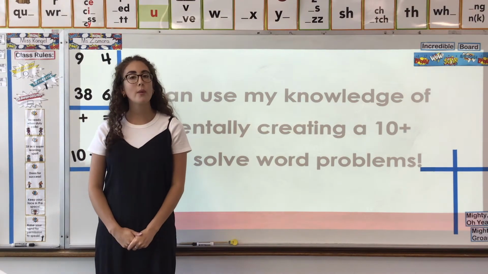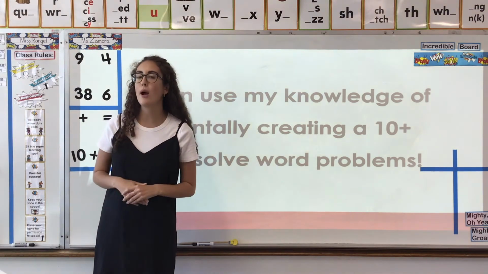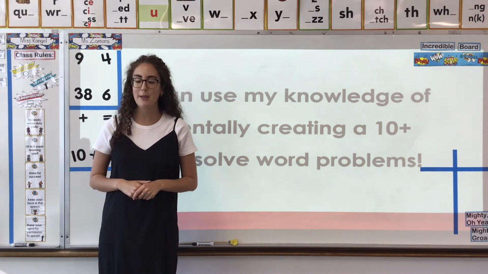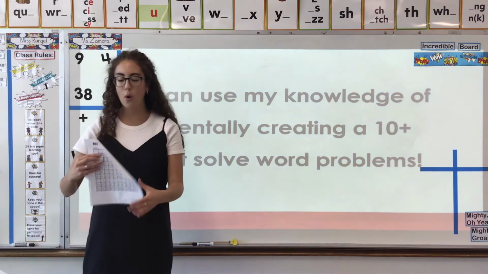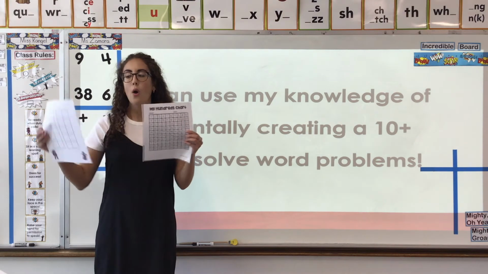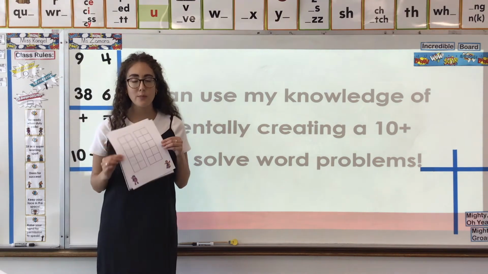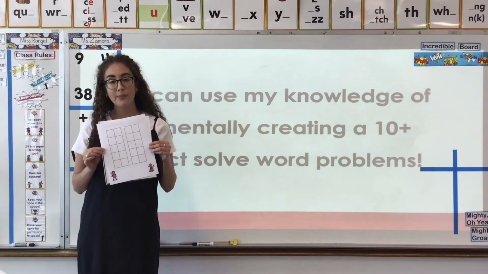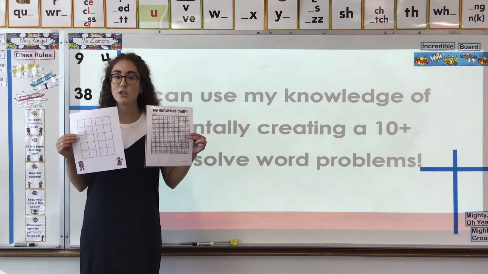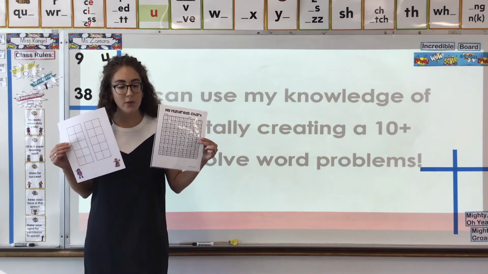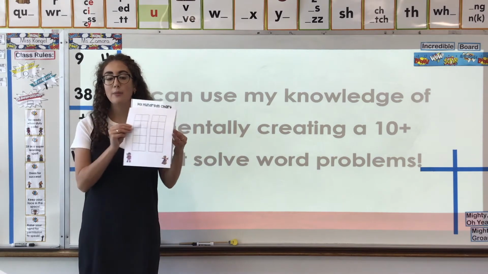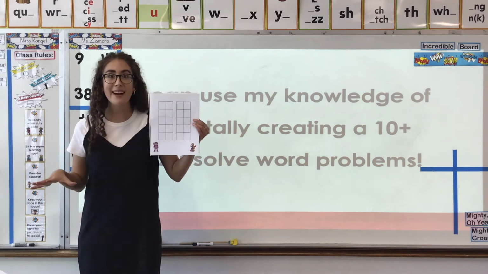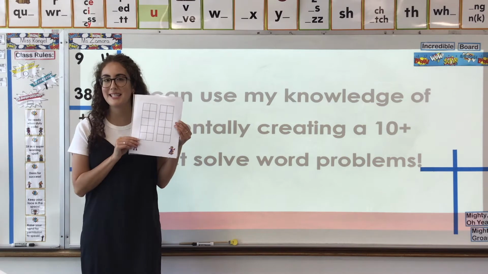So today you are going to need out a nice whiteboard or a lovely piece of paper. If you need your hundreds chart or your double 10 frame to complete these problems, you may certainly have that out. Not all of us need these tools, but if you do, have these out and make sure you have a nice organized desk so everything stays straight.